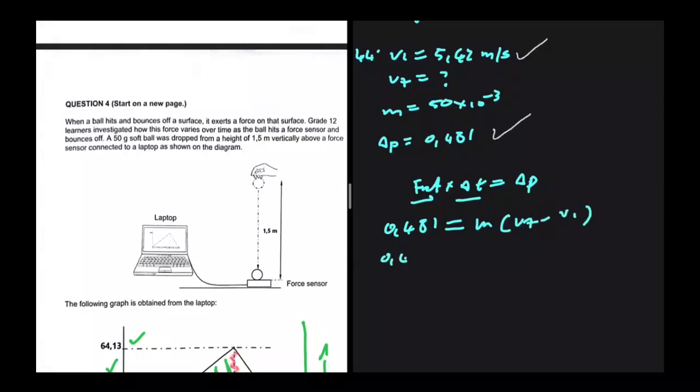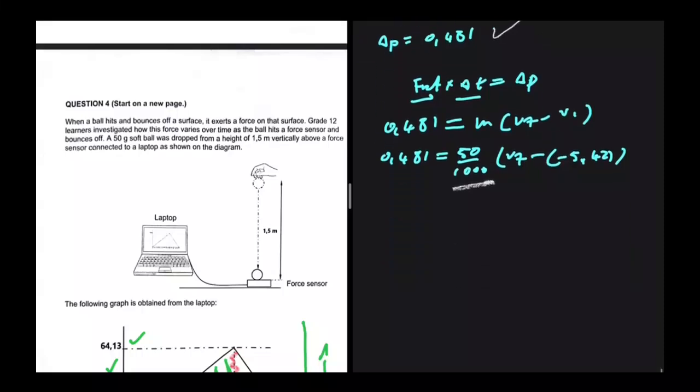So we're going to have 0.481 being equal to 50 divided by 1000 multiplied by VF. VF is what we're interested in. Minus 5.42. The first thing we should be doing here is dividing both sides by 50 divided by 1000.